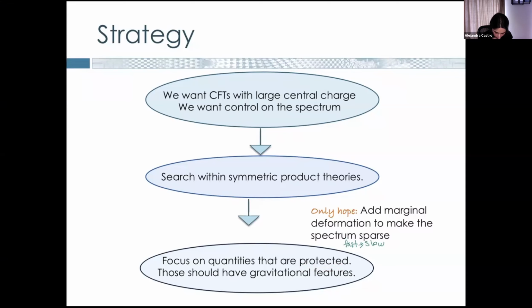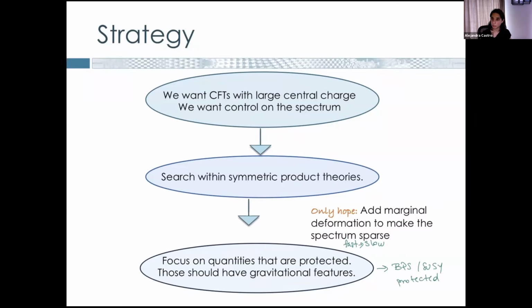Because they will not depend on the coupling, they should already have these gravitational features. And this is where supersymmetry comes in. So we'll look at BPS, or supersymmetric, quantities that are protected, because these are quantities that we know will not depend on the marginal operator.